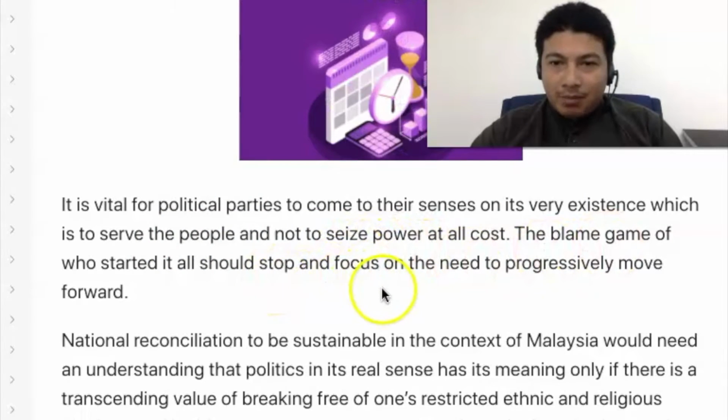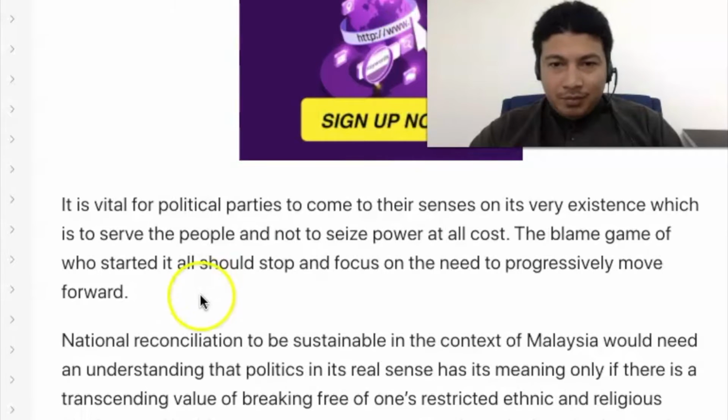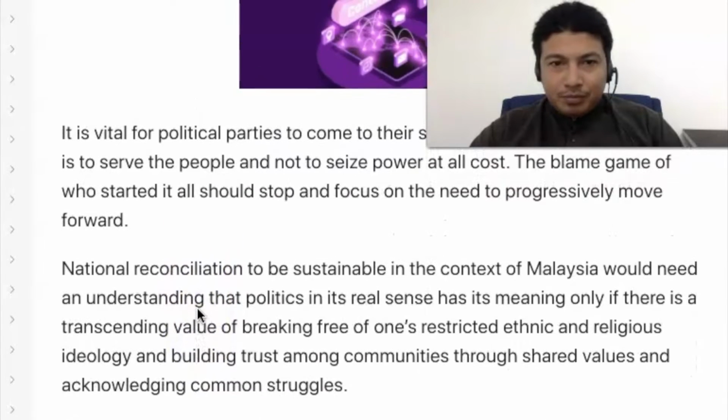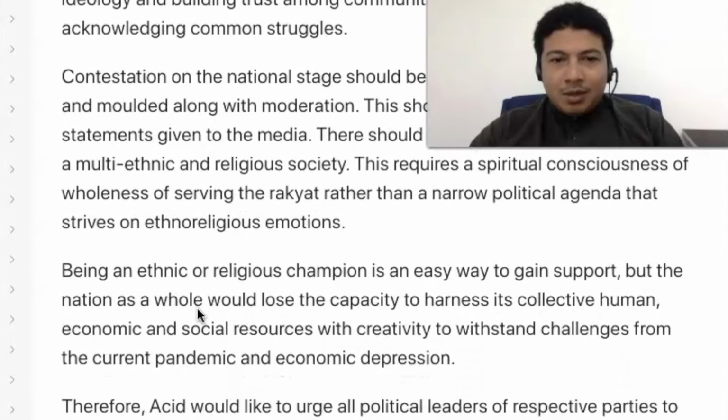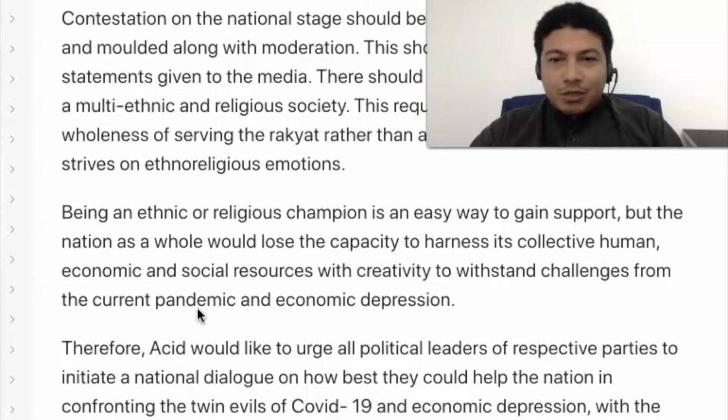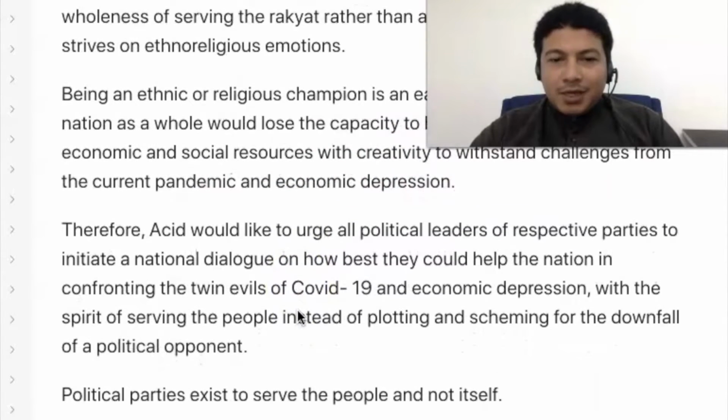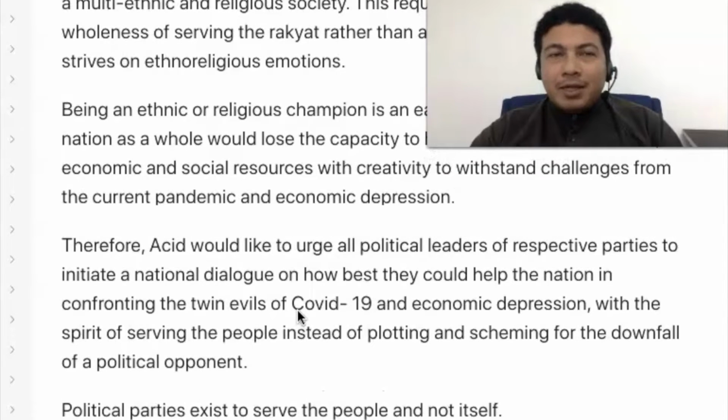So the blame game, they are blaming each other, and there are other things that they do, taking advantage of the situation to gain support. So this gives the implied idea that politicians are selfish. They don't really think for the people, but only on how to gain power to control the country.